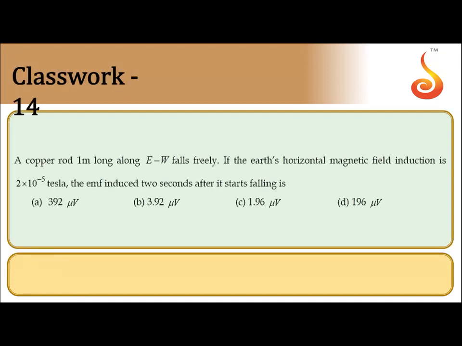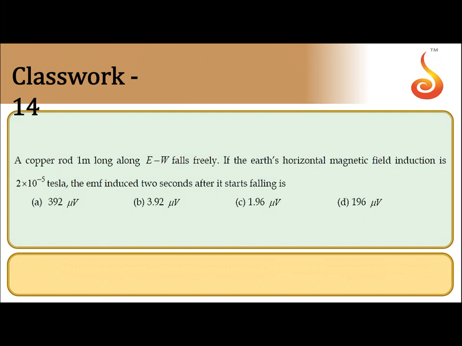Okay, we shall move on to next one. A copper rod 1 meter long along east-west falls freely. If the Earth's horizontal magnetic field is 2 into 10 to the power minus 5 Tesla, the EMF induced between the ends 2 seconds after it starts falling is. So, in 2 seconds, how much it will fall?